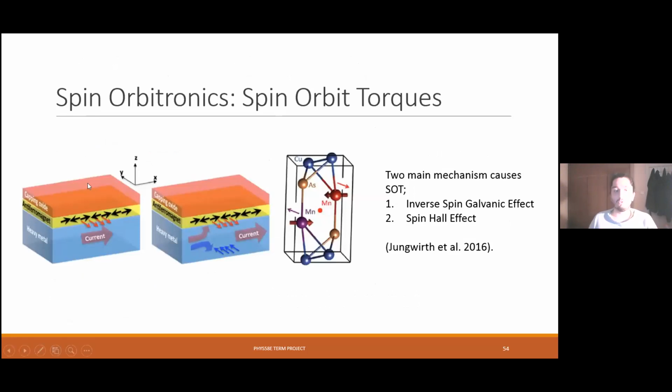Two important components of the spin orbit torques are the spin galvanic effect and the spin Hall effect. The spin Hall effect is caused by spin orbit coupling, and the spin galvanic effect is caused by the lack of inversion symmetry in the material.